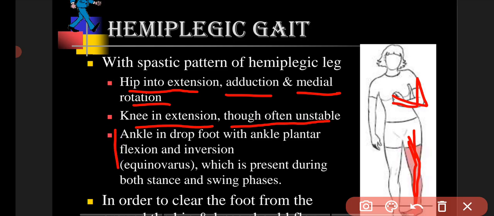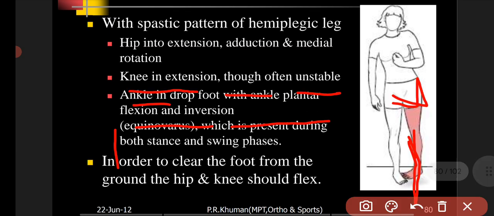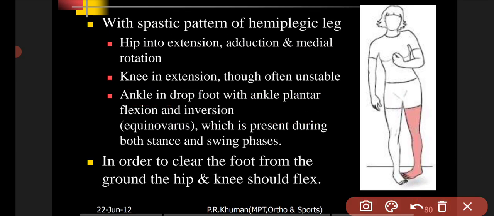The ankle is in a foot drop position, with ankle plantar flexion and inversion, which is present during both stance and the swing phase.